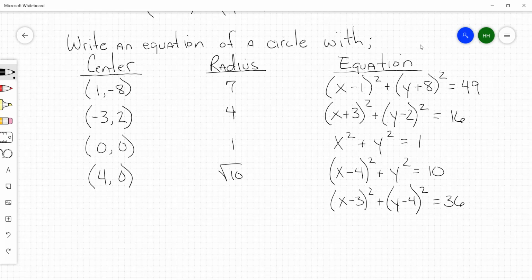So the center of this circle would be at positive 3, positive 4, and its radius would be 6. So you can work forwards and backwards? Okay. Anybody need to see another example? All right.